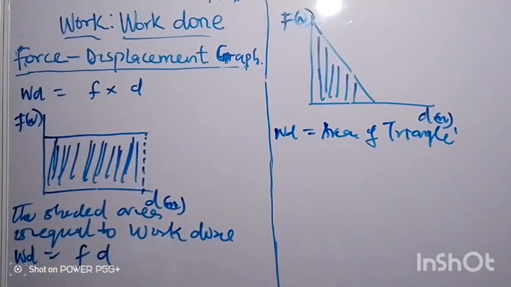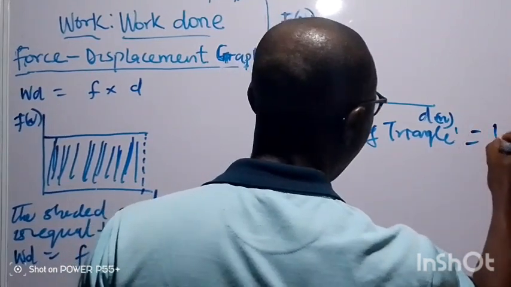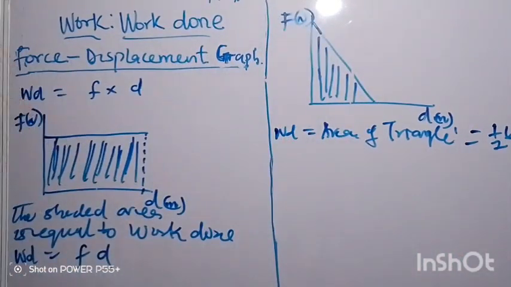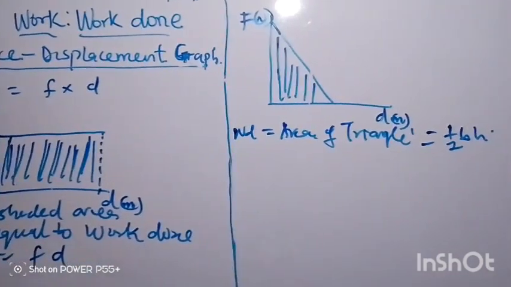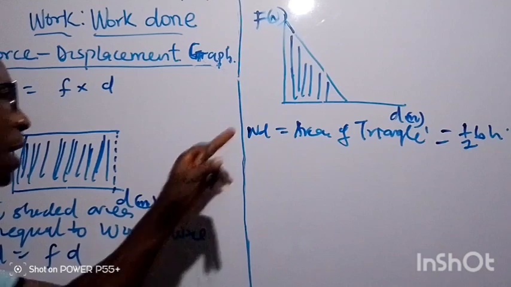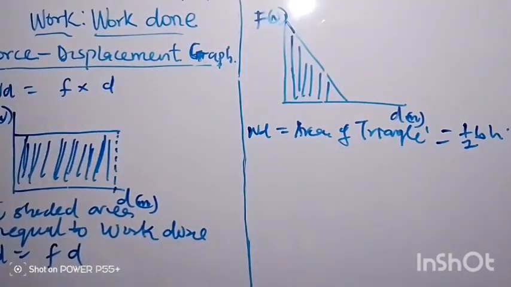And area of a triangle in mathematics is equal to half base times height. So depending on the shape of the force displacement graph, the area under the line of that graph will give us the work done.